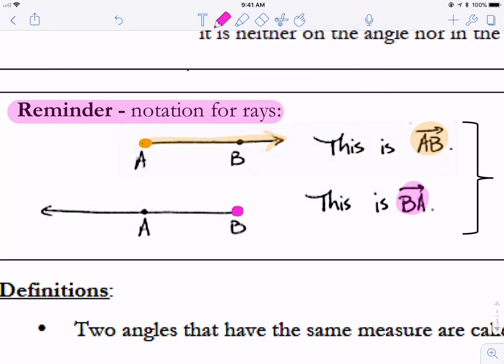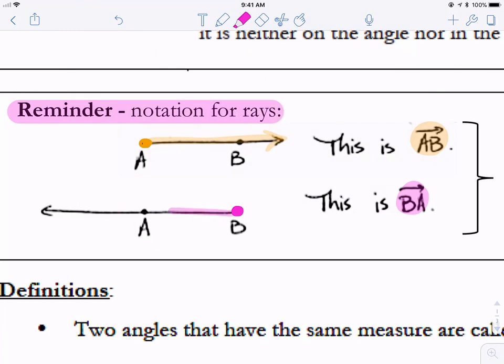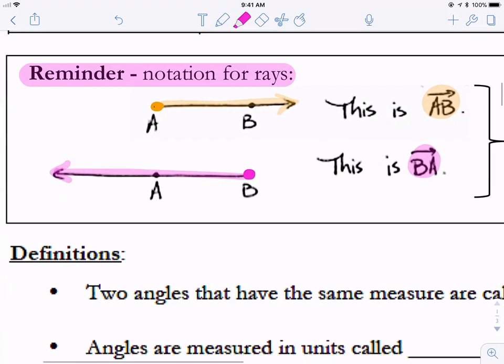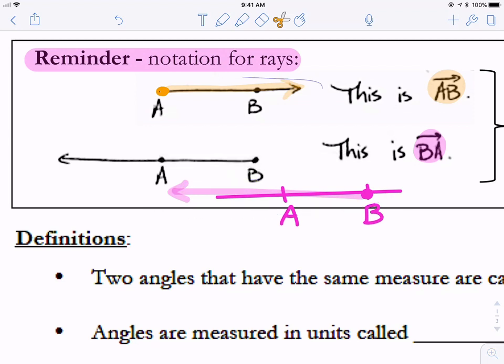Now they are not opposite rays because they aren't sharing the same initial point, but they are going away from each other. So if you were looking on a single line, you would have A and B together. And it would be like this would be ray BA, and this would be ray AB.